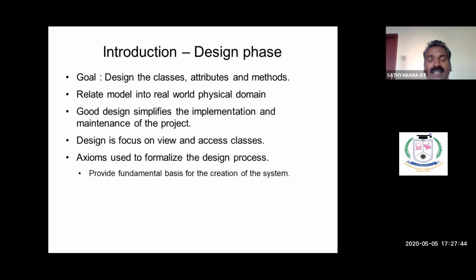Basically, it uses some design axioms. We have two axioms. An axiom is a proven principle, a proven method, applied over the classes to check whether the classes are valid or not. The two axioms are the independence axiom and the information axiom.